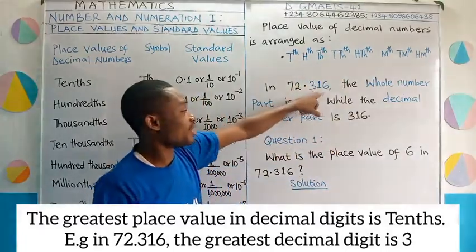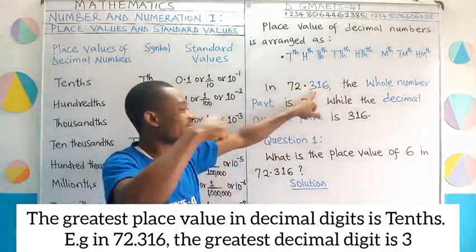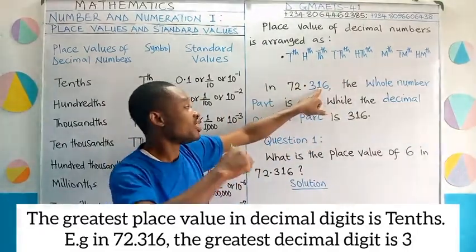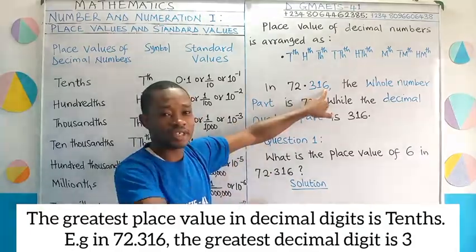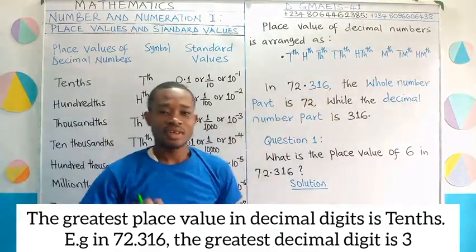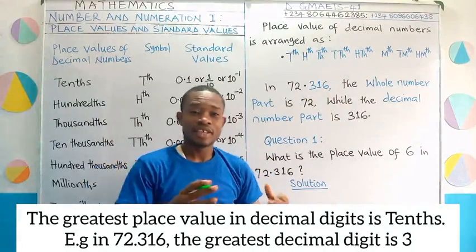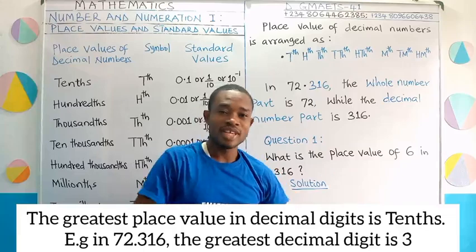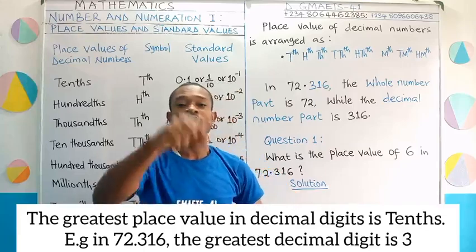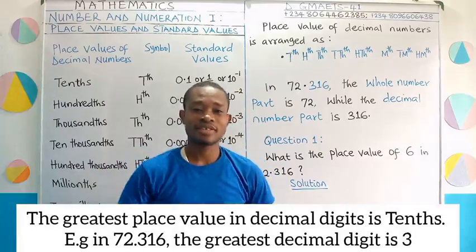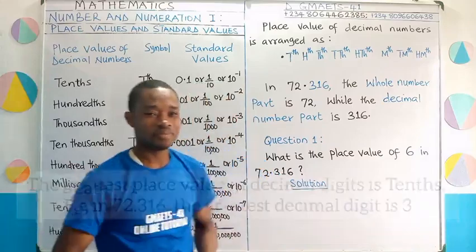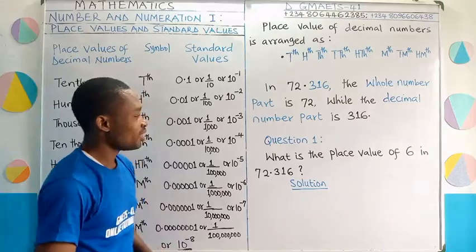So look at this number now. The value of this 3 is greater than the value of this one. The value of this one is greater than the value of this 6. I hope you get that right. So once again, in decimal digits, the tenths place value is the greatest, is the highest. Put that down in your notes.